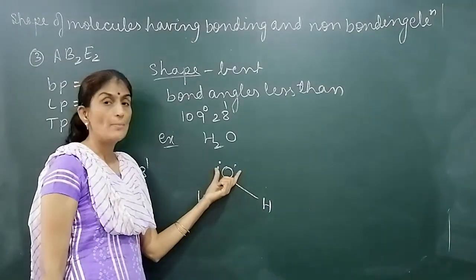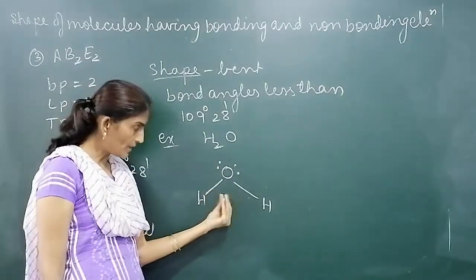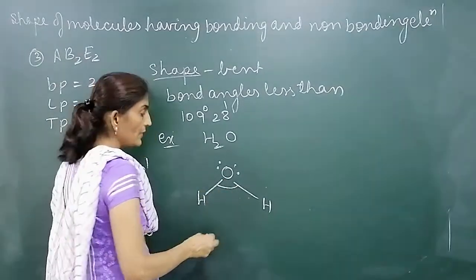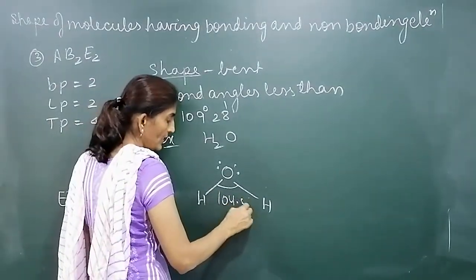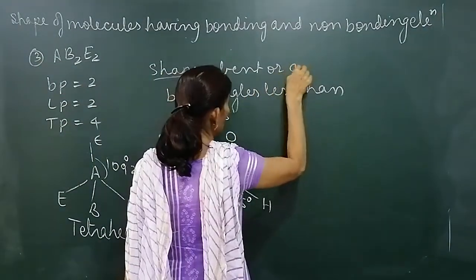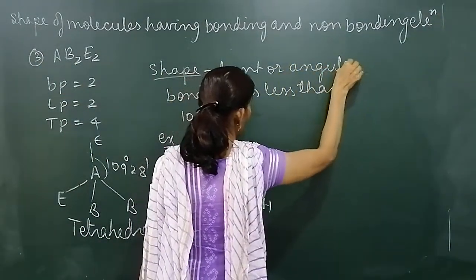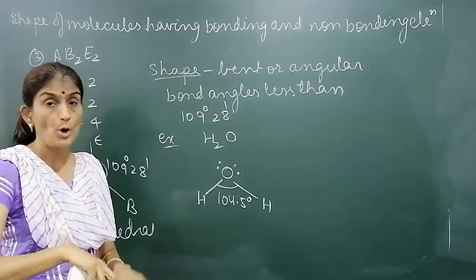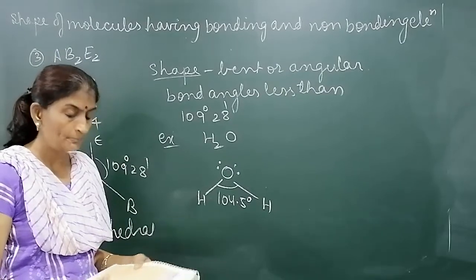These 2 lone pair repel maximum. So these 2 bond pair come close. So bond angle reduces from 109 degree 28 minutes to 104.5 degree. So shape will be bent or angular, and bond angle in water will be 104.5 degree. So H2O is an example of AB2E2 type. Clear?